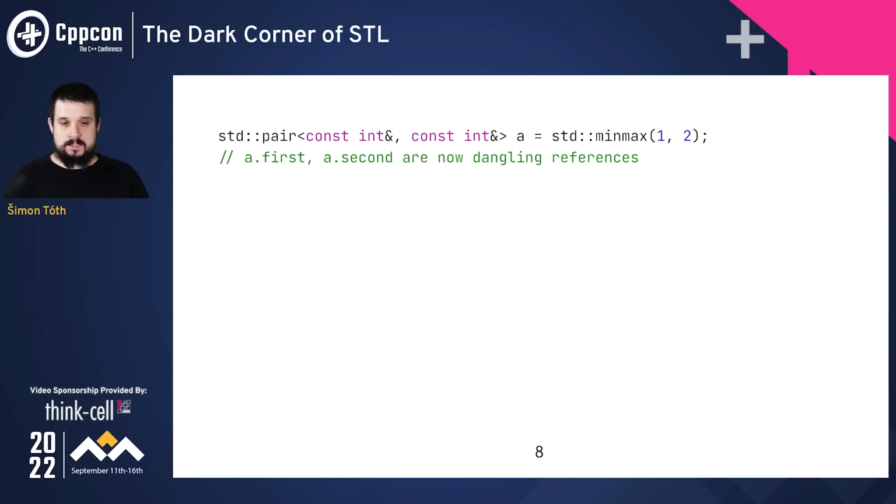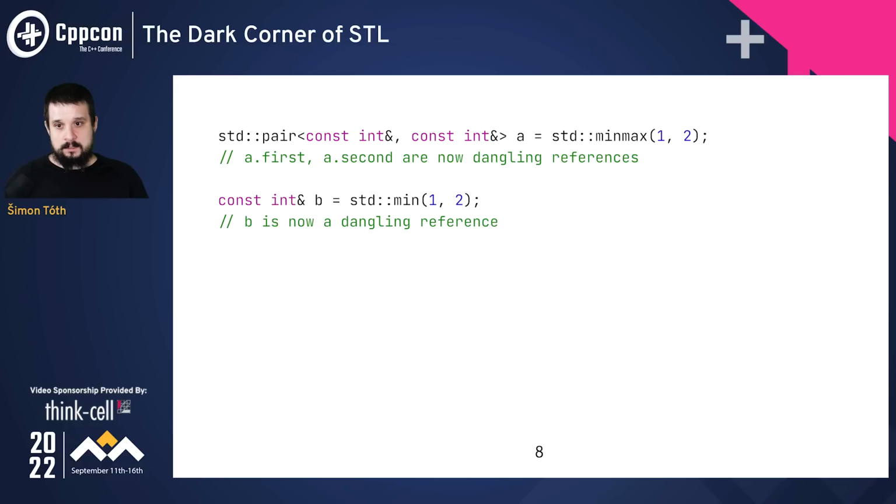The lifetime rules in C++ say that if you have temporaries inside of an expression, these temporaries will be alive for that expression. However, the moment the expression is finished evaluating, those temporaries are destroyed. And what we have here is we are storing two const references that are pointing to temporaries, in this case the literals 1 and 2.